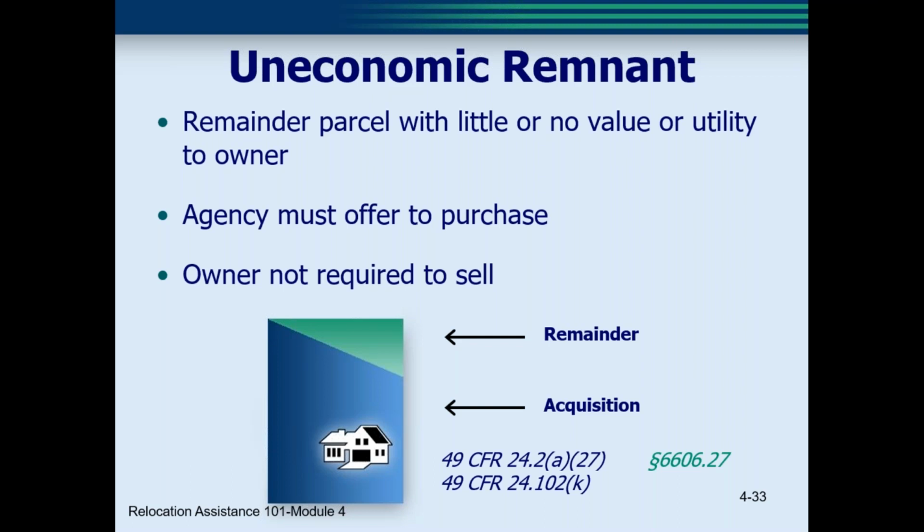Because I think that helps them to make that decision. But the displacee needs to be fully aware that they have the option of keeping the remnant or selling the remnant, and they need to understand how that will affect their replacement housing payment.